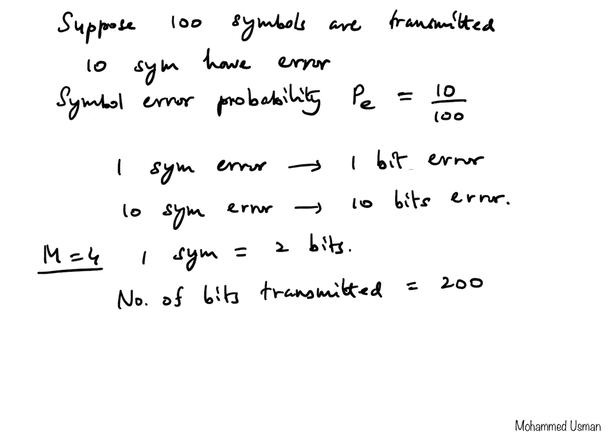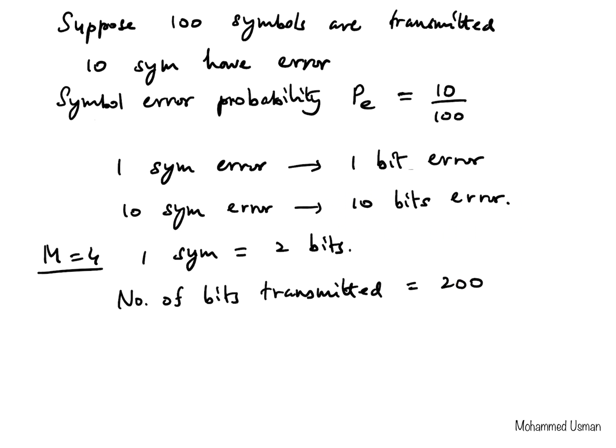So each symbol is 2 bits long, so we have transmitted a total of 200 bits. Out of the 100 symbols, 10 symbols have error. And since in the gray coded arrangement, one symbol error means 1 bit error with high probability, that corresponds to 10 symbols in error, meaning 10 bits in error. So out of the 200 bits that have been transmitted, 10 bits have error.